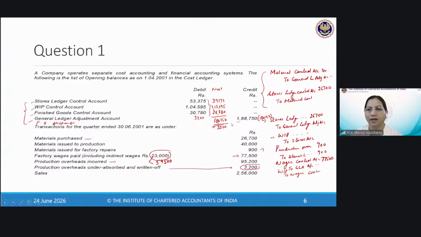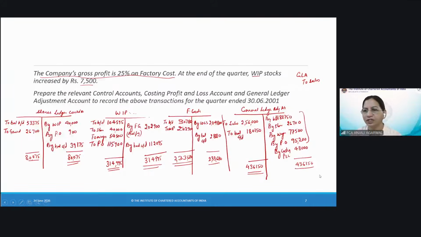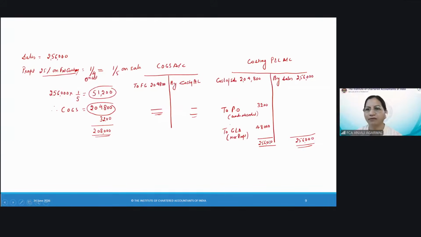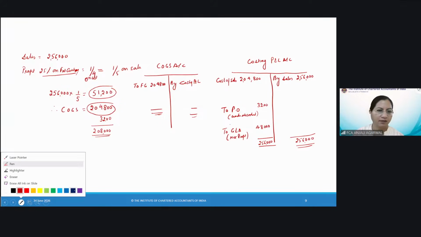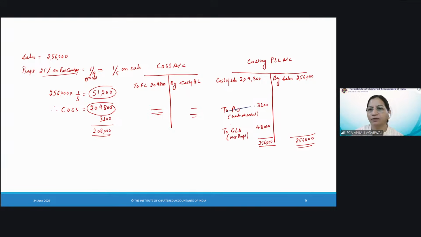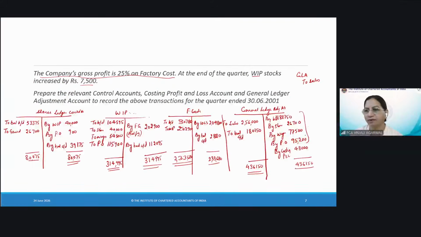And similarly, where would the change have come? The change would have come in costing P&L. I'll change the ink. This figure would not have been here. So your profit would have been 51,200. Okay. So if this goes here as 51,200, your closing balance would have also increased by 3,200, right?